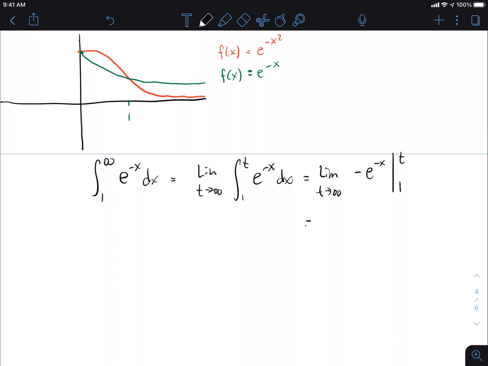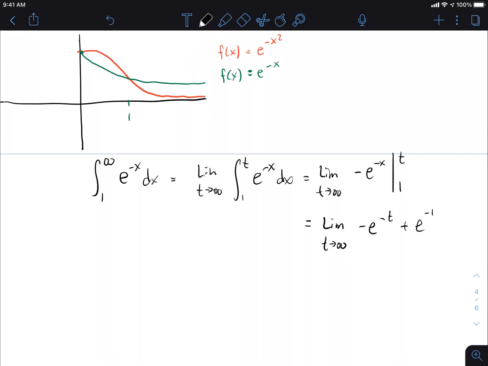I'll start working down from here. So when I evaluate, I'm going to get the limit as t goes to infinity of negative e to the negative t plus e to the negative 1, right?